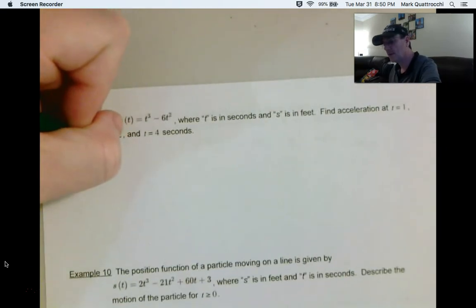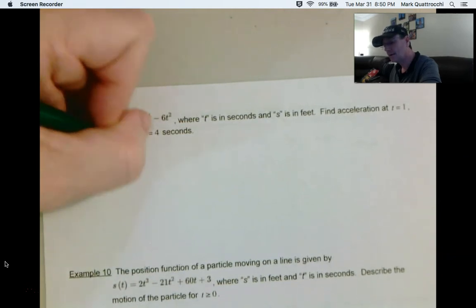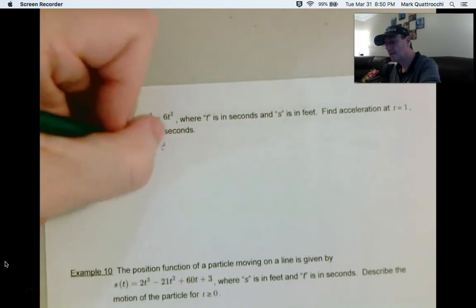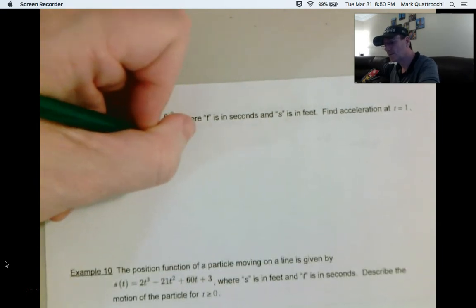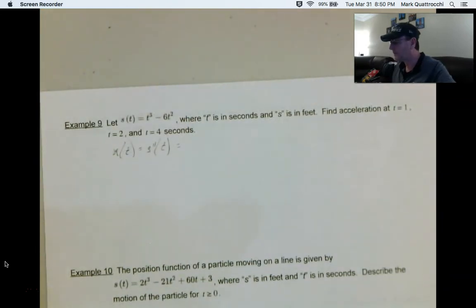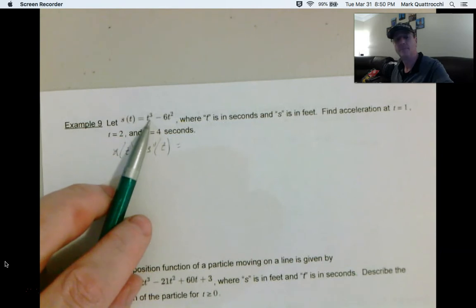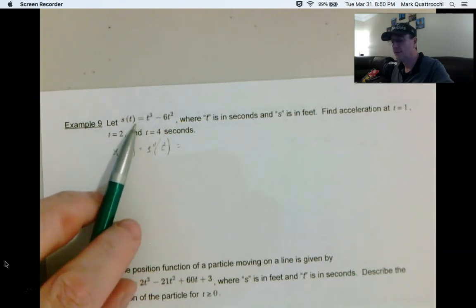So a of t is equal to v prime of t, is equal to s double prime of t. Okay, well, s double prime of t is going to be the derivative of s prime of t.